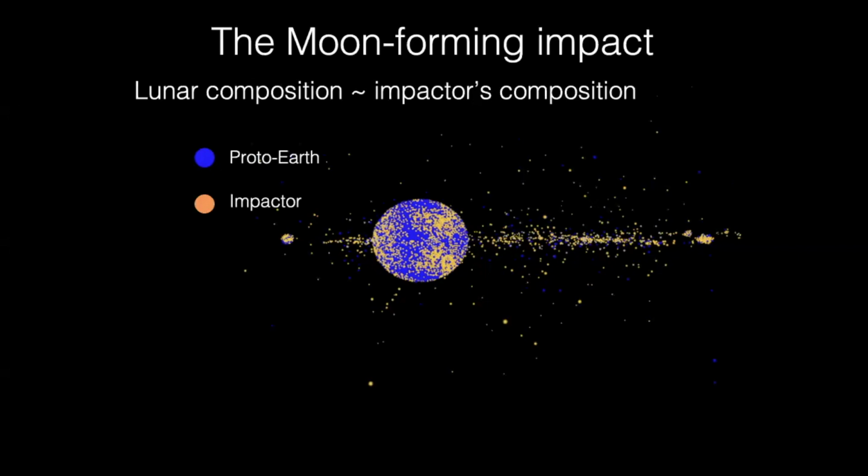Since the moon is created from a disk, you'd think that the composition of the moon should be similar to the composition of the impactor. And unfortunately, we are not able to mix the impactor and the proto-Earth materials. It is expected that the impactor had different isotopic ratios from the Earth. This model cannot easily explain why the Earth and the Moon have very similar isotopic ratios.